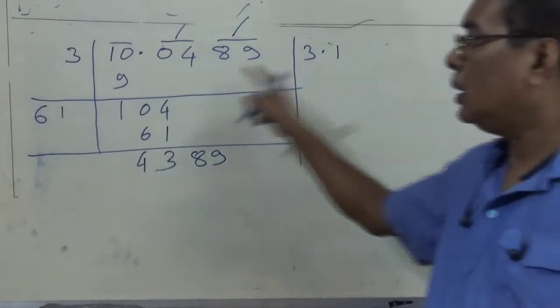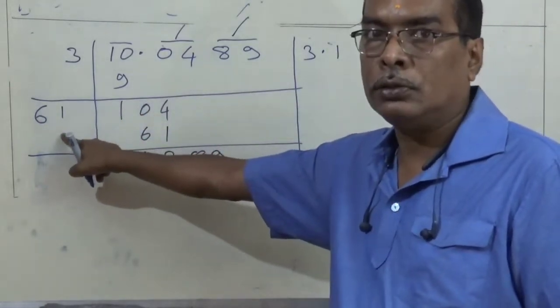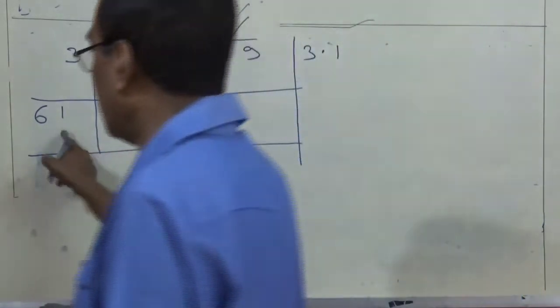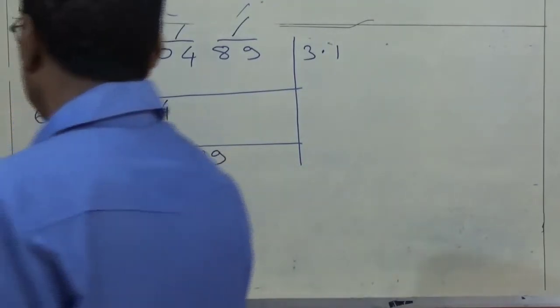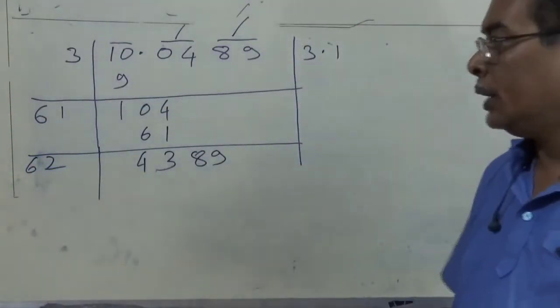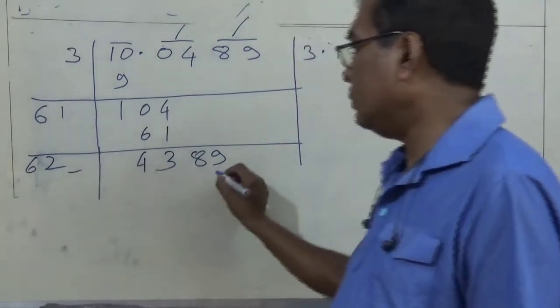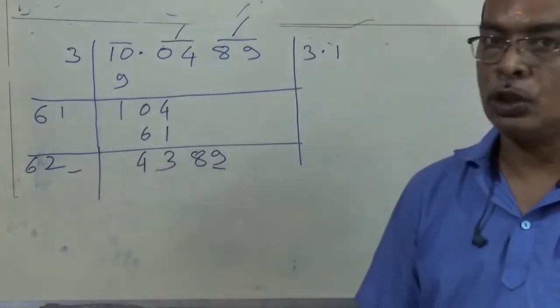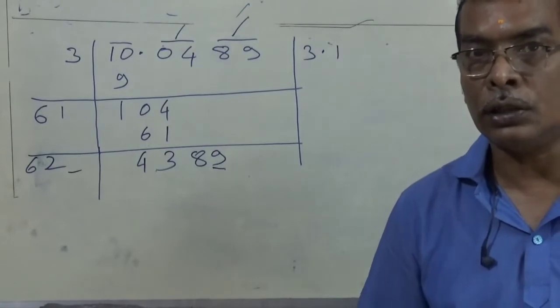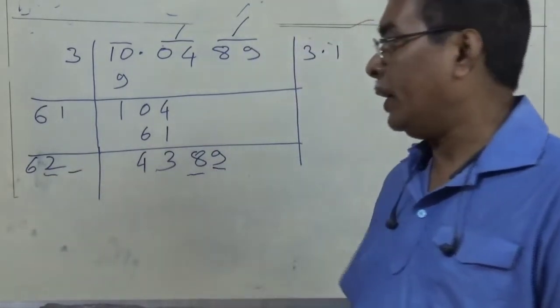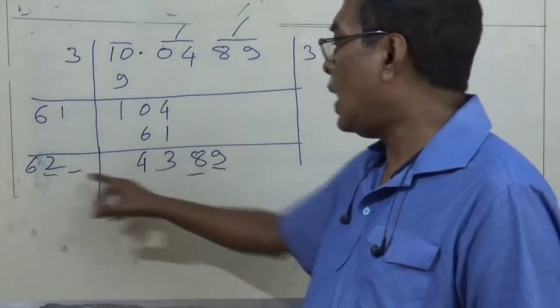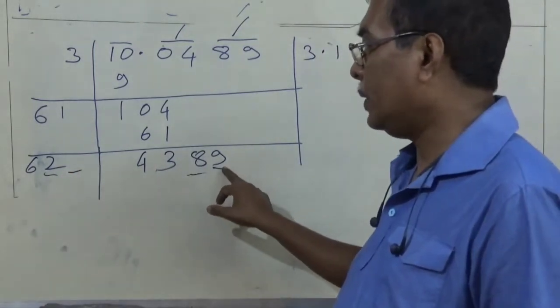This number 1 is now required to be added here: 61 plus 1 is 62. Okay. Now for this result place, leave this 89. Yes, 62 stables. It is difficult to learn. So in that case, leave this 2 along with this 8. So I am going to leave here 2. I am going to leave here 89.